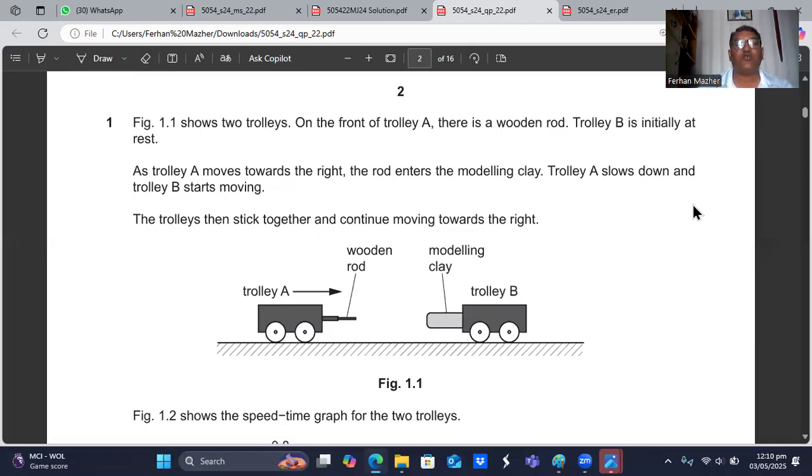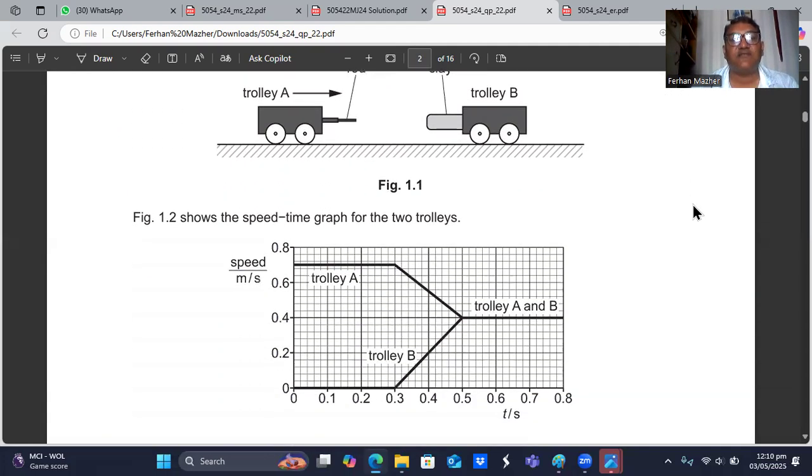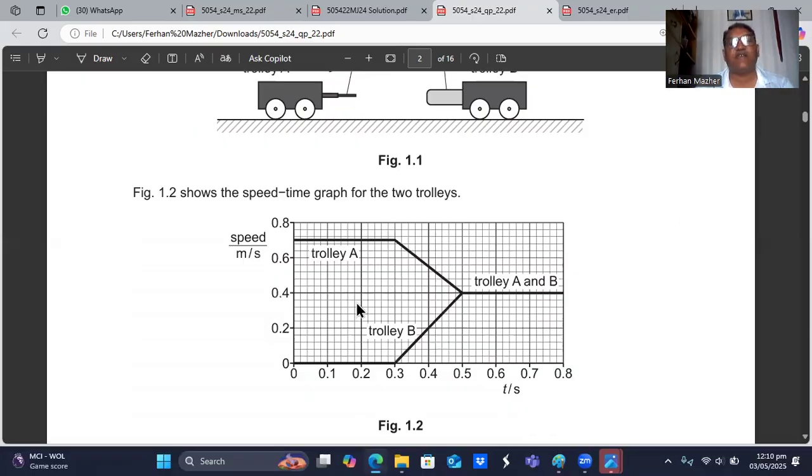Figure 1.2 shows the speed-time graph for the two trolleys. If you look at this speed-time graph, on the y-axis the speed is represented, and on the x-axis the time is represented. Here you can see from 0 to 0.3 seconds, trolley B is at rest, the velocity is 0. Trolley A is moving at a constant speed of 0.7 meters per second.